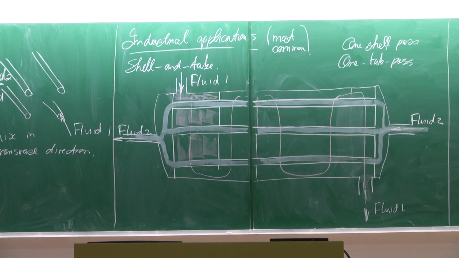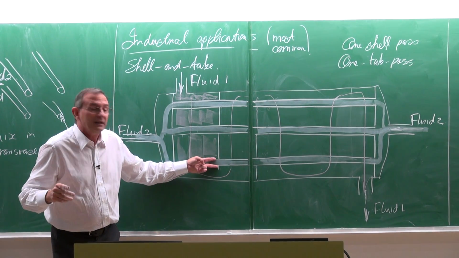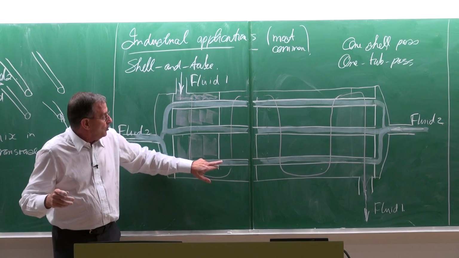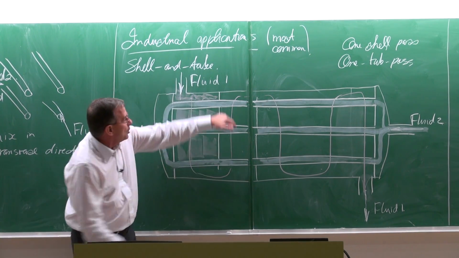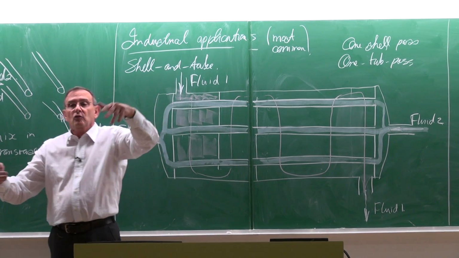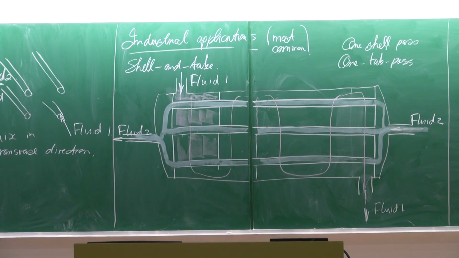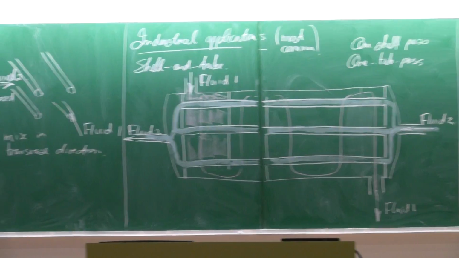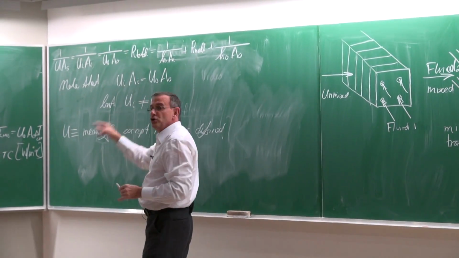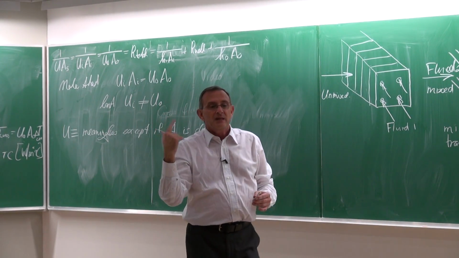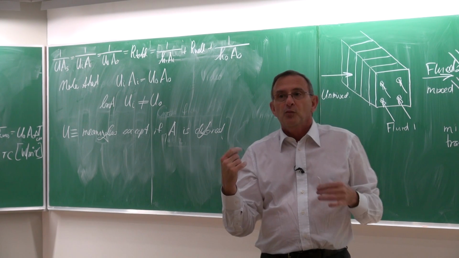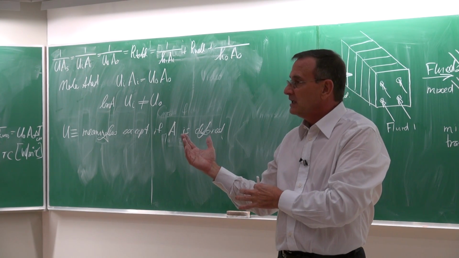However, if we get it in one value, then we have to say it is based on the outside area of those tubes, the inside area of those tubes, or maybe the outside area of the inside area of the shell. But we have to say, because if we've got one U, then it is very easy for people to do the calculations for a heat exchanger.